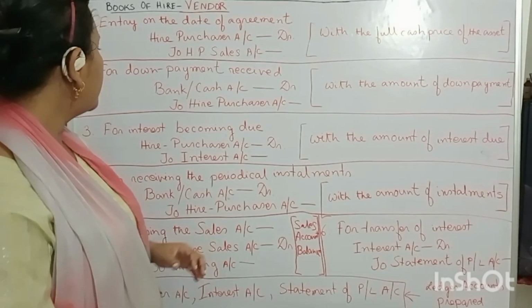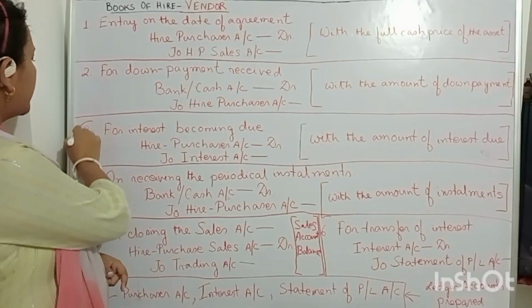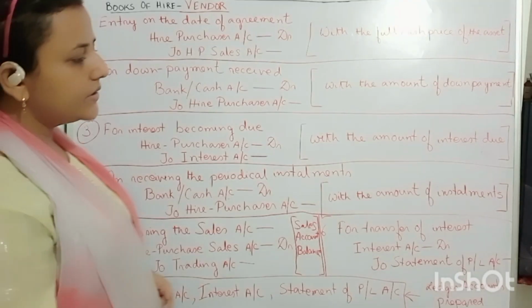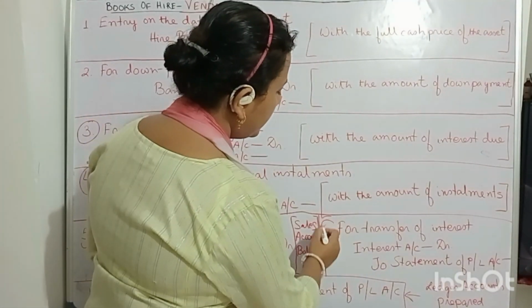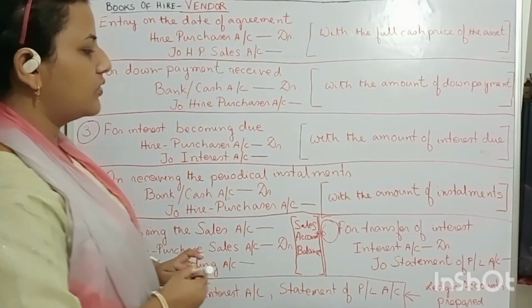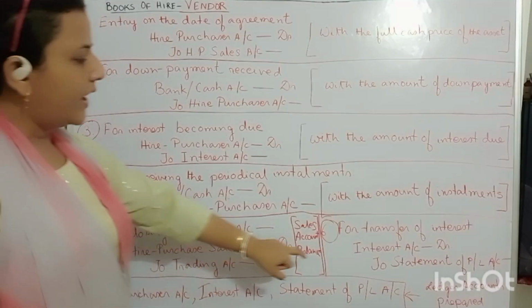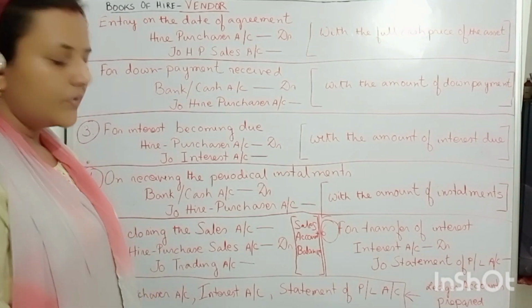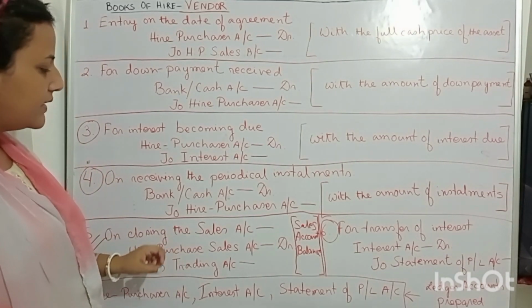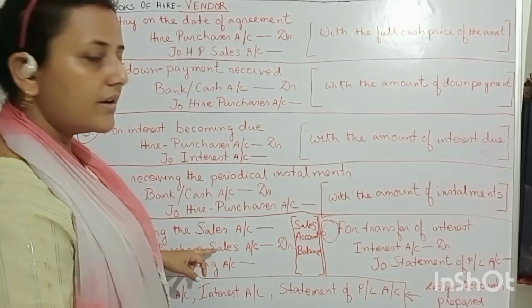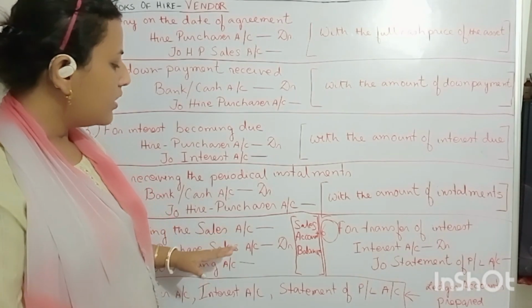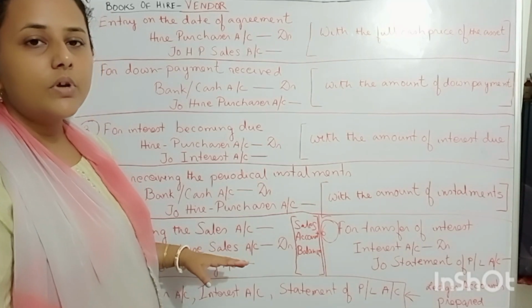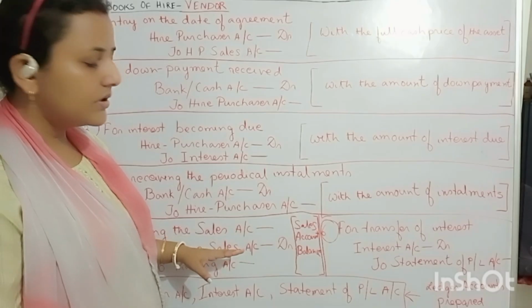For the subsequent years, the entries for interest becoming due, receipt of periodical installments, and transfer of interest to statement of profit and loss account, only these three entries, will be passed year after year in the books of hire vendor.